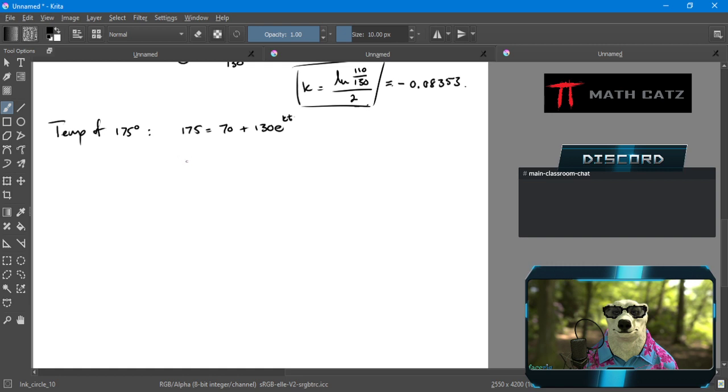So let's do that a little bit faster. e to the kt, isolate that first, so it's going to be 175 minus 70, so it's going to be 105 over 130. So therefore kt is the natural log of that, and t is therefore natural log 105 over 130 over k.